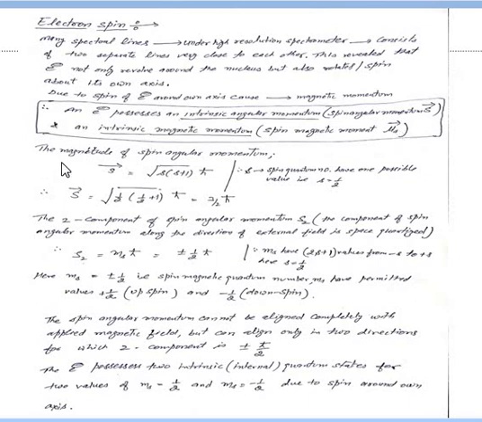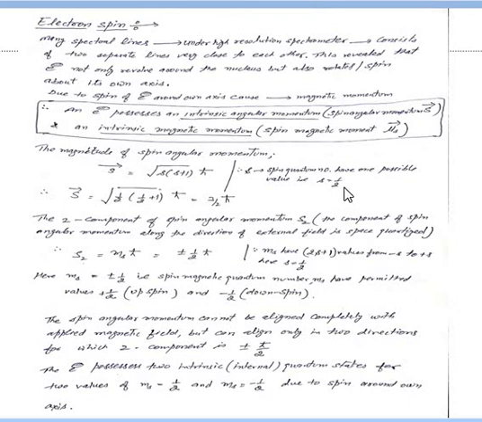So normally the magnitude of the spin angular momentum, capital S vector, because this is a directional quantity, would be equal to the square root of s into s plus 1, times h cross. Here small s is the spin quantum number, and in the case of the electron, spin has the value half.